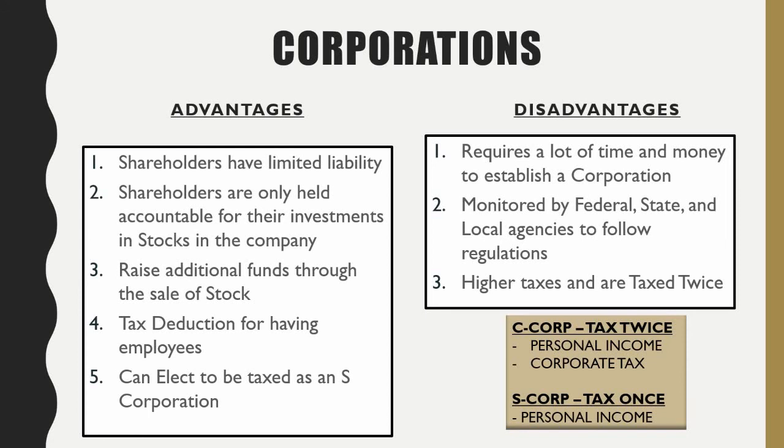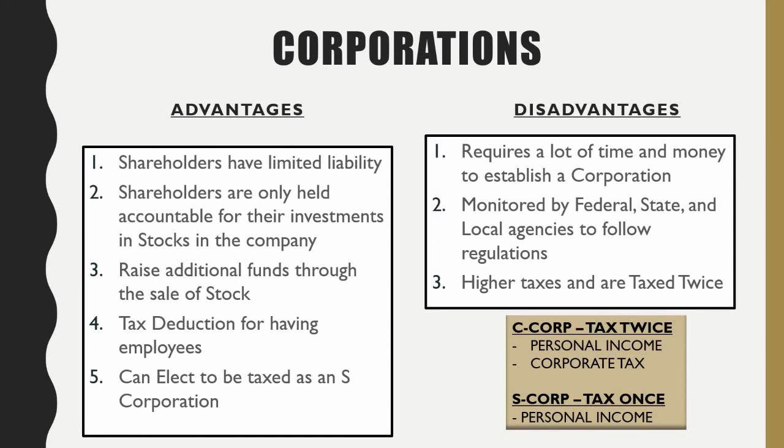Third is going to be raising additional funds. So most corporations, it is easy to have money flowing into the company, because all they have to do is have stocks on sale.